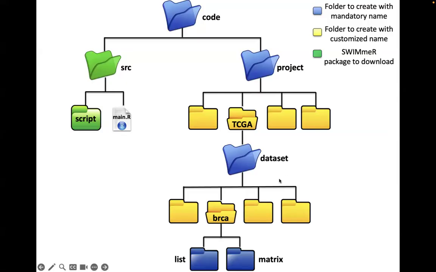I'm going to explain in details all these steps. What is important is that the blue folders you have to create, and the names of these folders are mandatory. And you have also to create the yellow folder, and the name of the yellow folder is your choice.